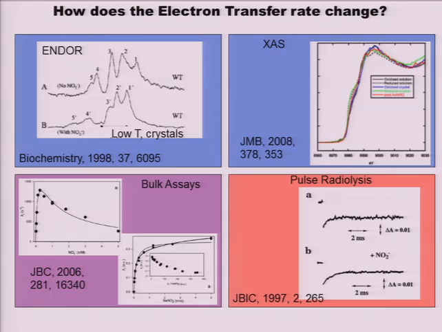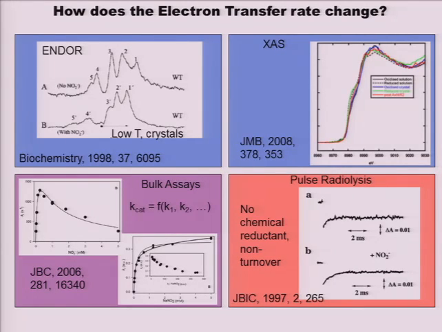All of these experiments are done in single crystals at low temperature, so clearly very far from turnover conditions, which is where you really want to be studying your enzyme. There was no reductant in these experiments, only substrate, so also not turnover conditions. These experiments were on a surface.